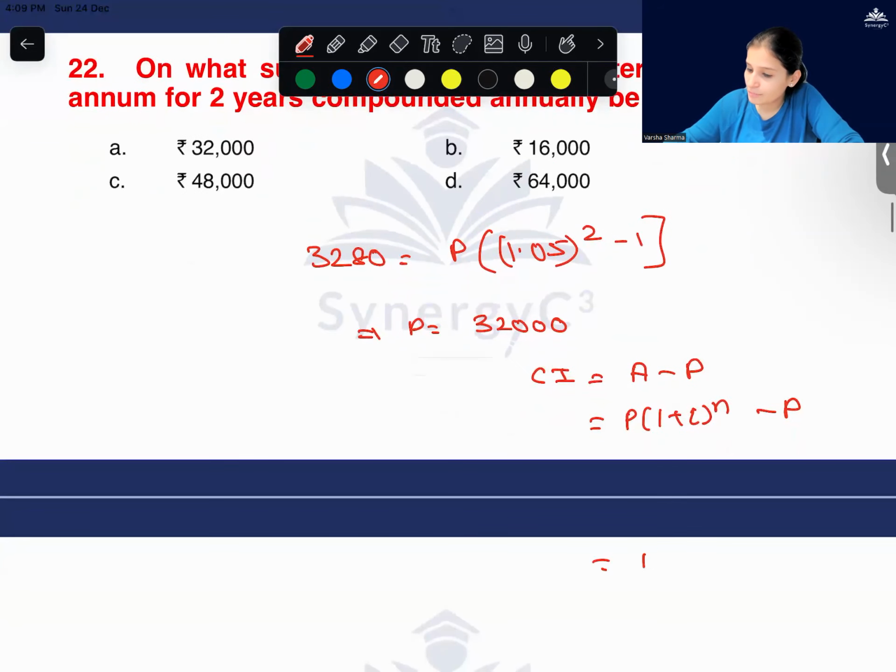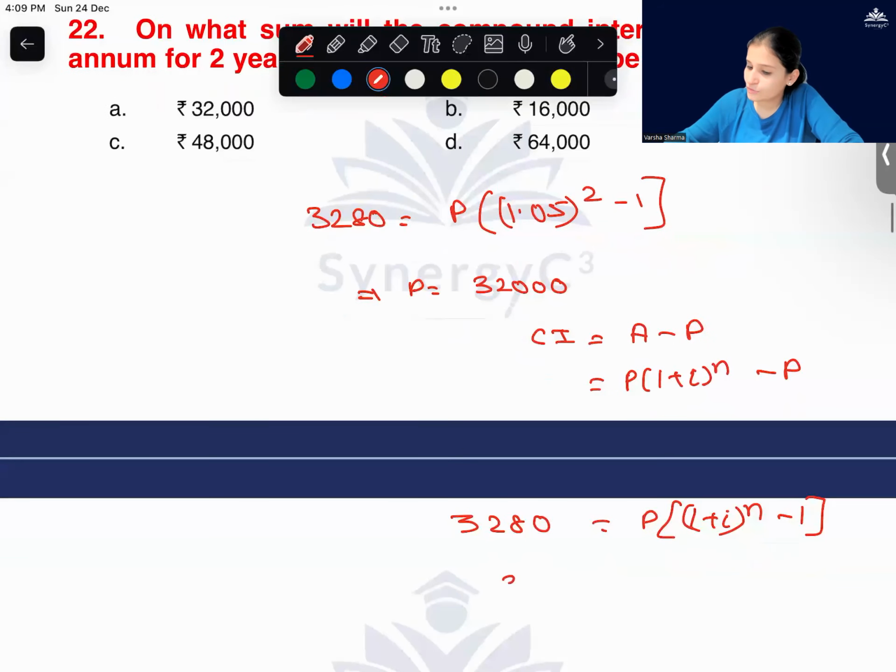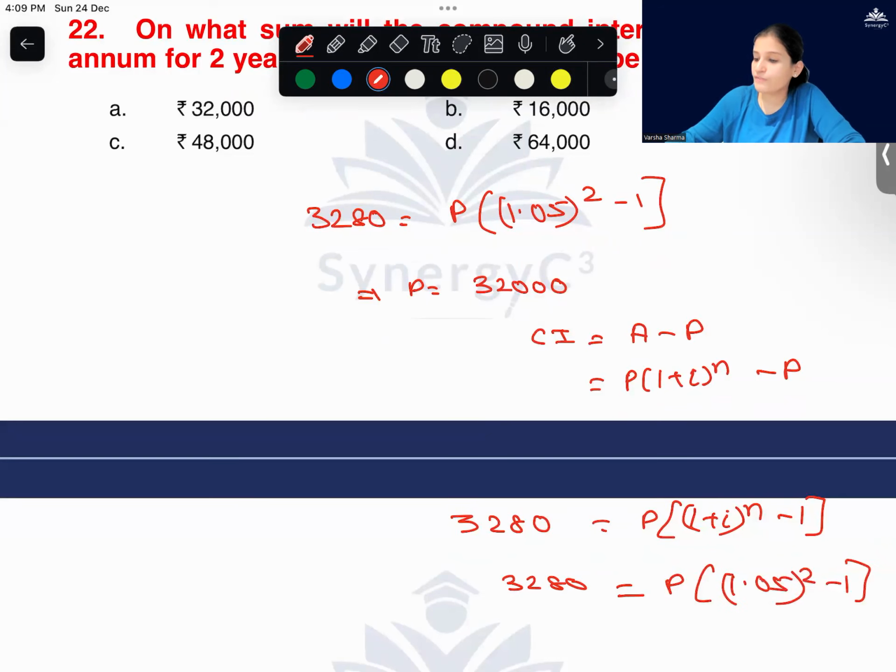Taking P common, (1 plus i) power n minus 1. And this is given to us as 3280. So 3280 is the compound interest, compounding value 1.05 for 2 years. So I first calculated the bracket, saved it in my calculator by M plus, then 3280 divided by MRC equals.